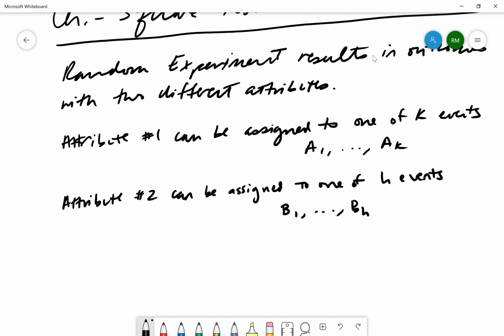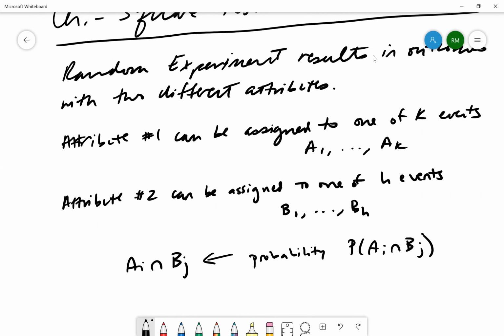All right, so we're going to let Ai intersect Bj be the outcomes where they fall into category Ai and category Bj. And we say the probability of this we're going to call Pij.